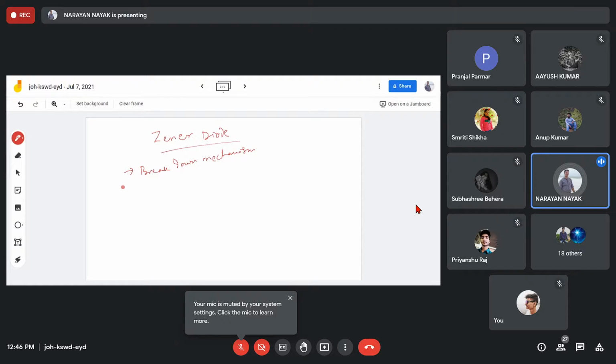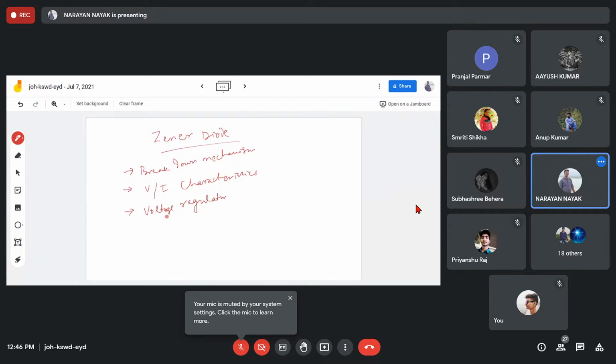And second thing, we study what the VI characteristics are. Okay. Then I will discuss how the Zener diode is used as a voltage regulator.